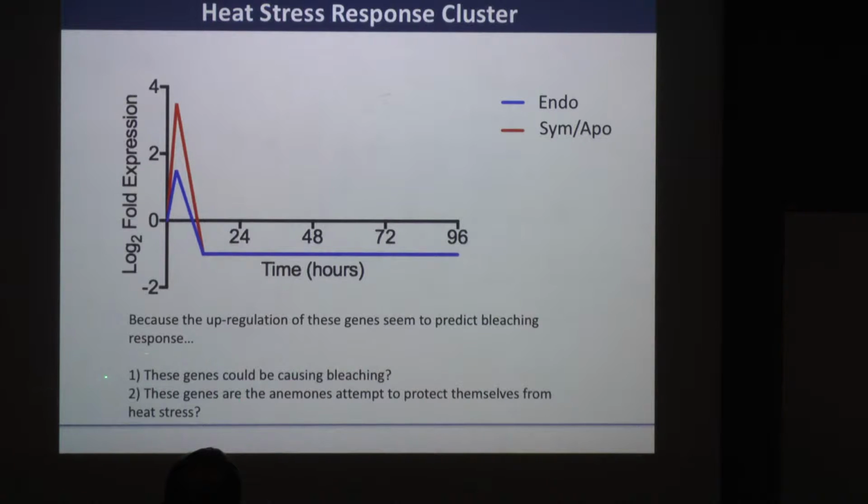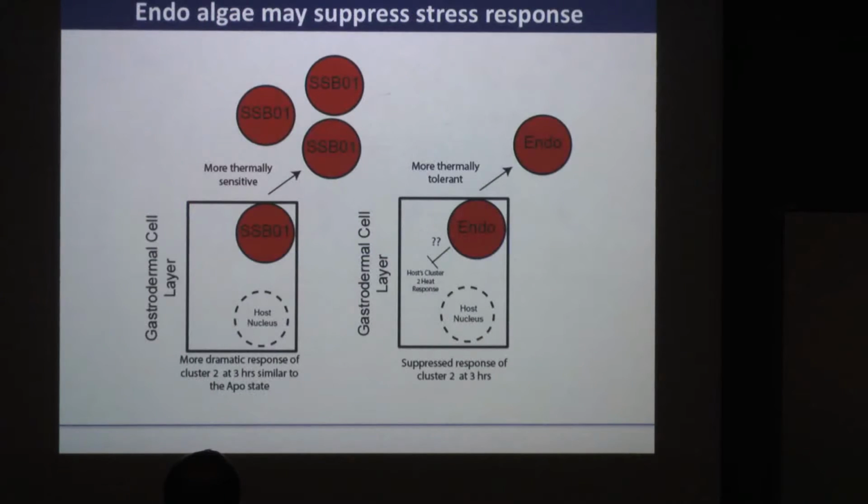First we're asking, are these genes causing bleaching? We really don't think so because of that temporal disconnect. But maybe these are either protective, or there's something going on that is predictive of our bleaching. A conceptual model that I have right now is that in our more thermally sensitive strain, they don't have this ability, or these are not protective, and we get more bleaching.